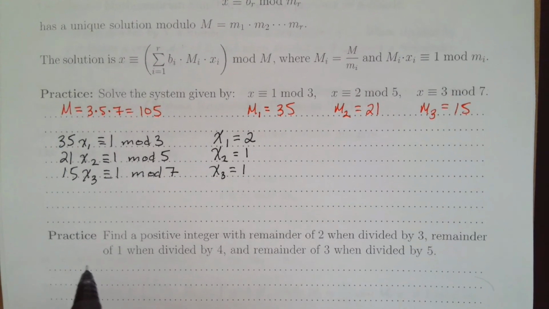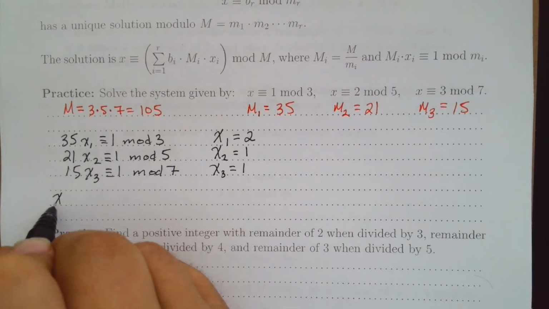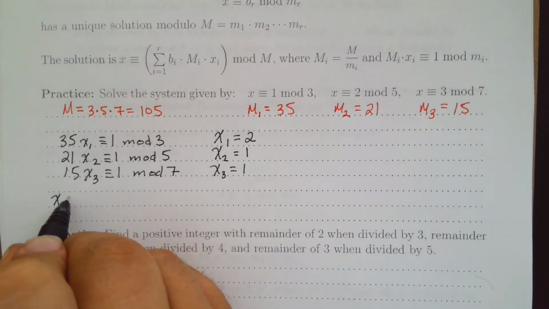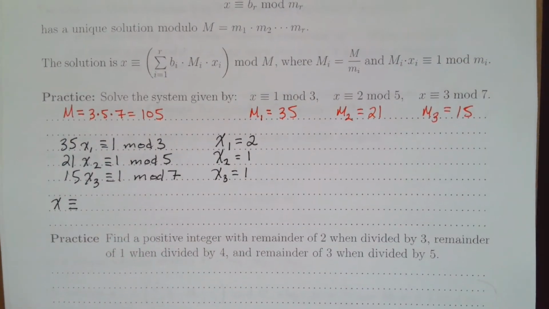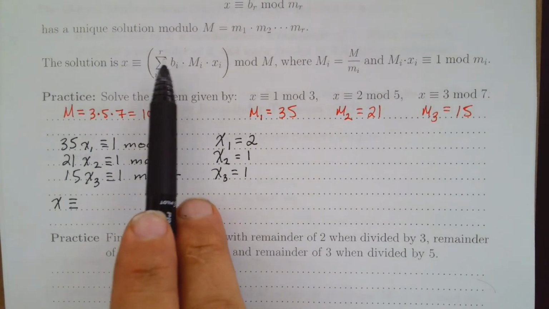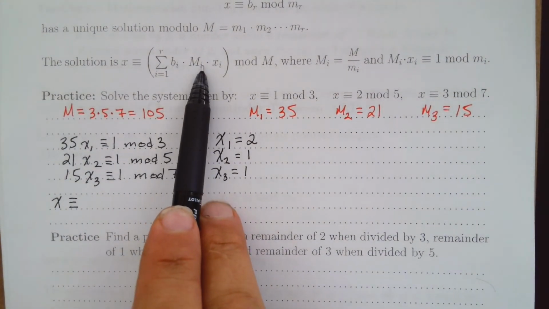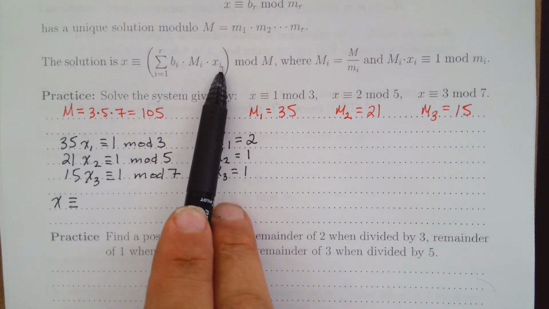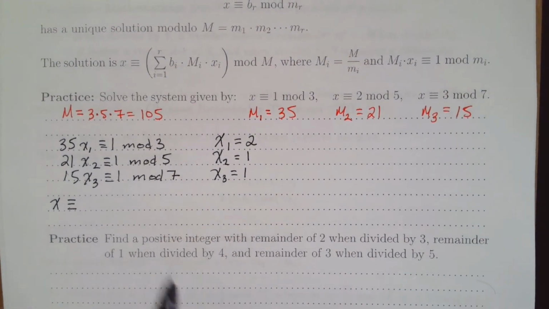Okay? So then our next step is to say that x is going to be congruent to the sum of b sub i times m sub i times x sub i, right? So it's going to be equal to the sum.